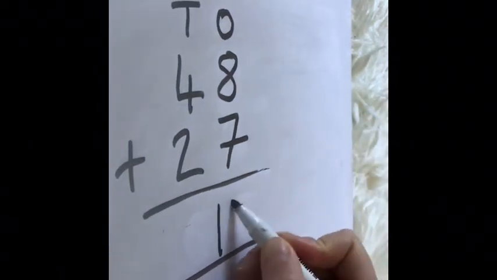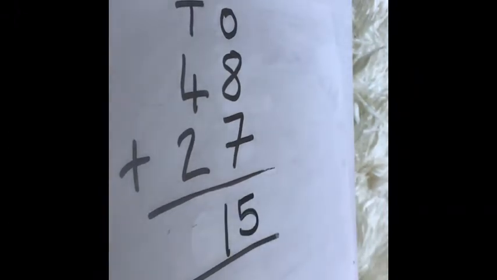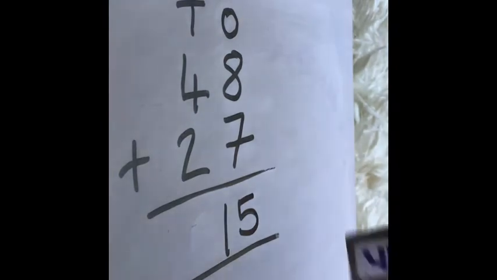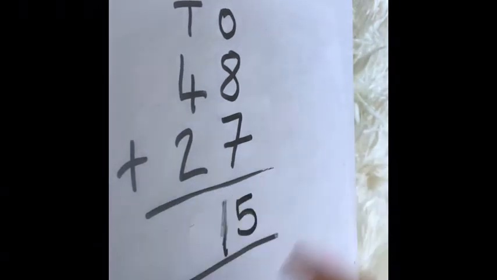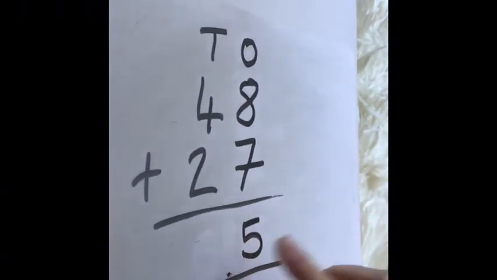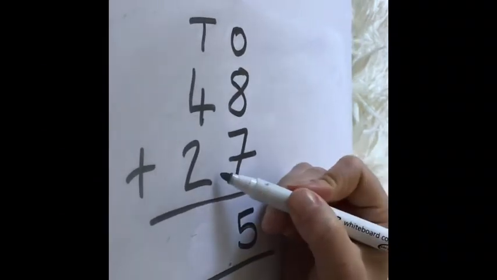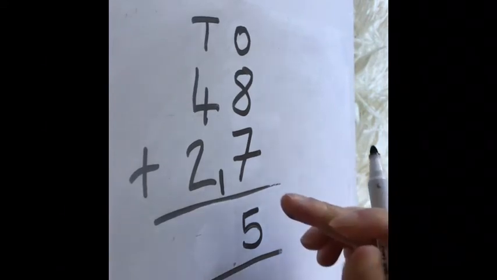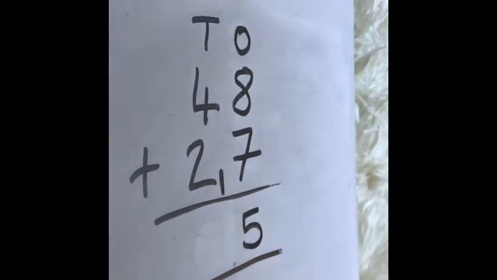Now, we don't write 15 like that, okay, because we still need to add these tens. So what we need to do is put the 5 in the ones column and carry over the 10 for the number 15 to our tens column and add it with those tens.